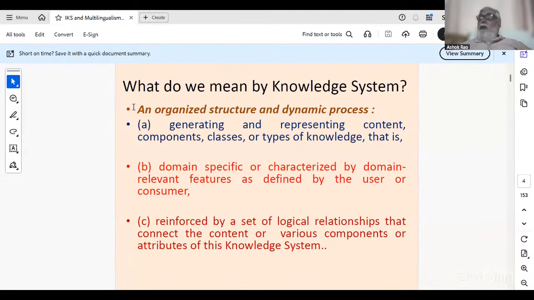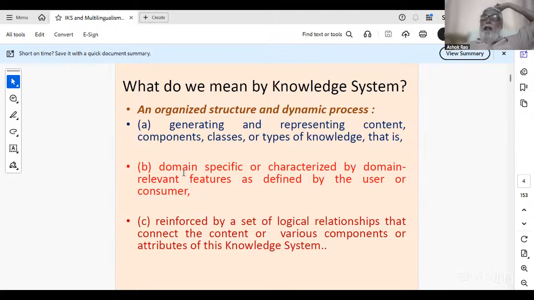So what it looks at is generating and representing content, components, classes, or the type of knowledge. So basically it looks at generating knowledge, representing knowledge, components of knowledge, classes of knowledge, types of knowledge that could be domain specific or characterized by domain relevant features as defined by the user or consumer.